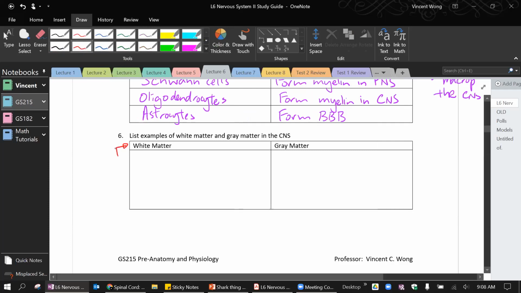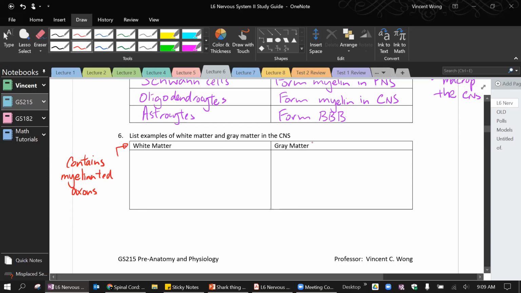White matter primarily contains myelinated axons. The myelin is the waxy coating that goes around the axon to speed up conduction. That stuff has a whitish color. So that is what white matter is.